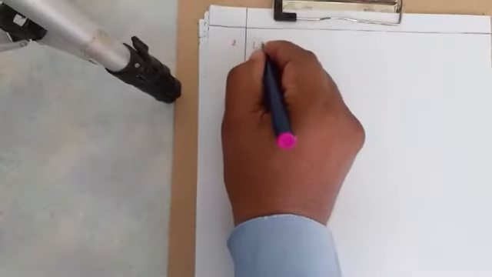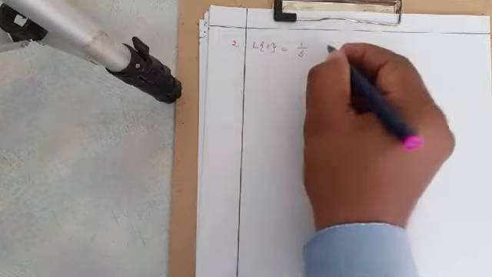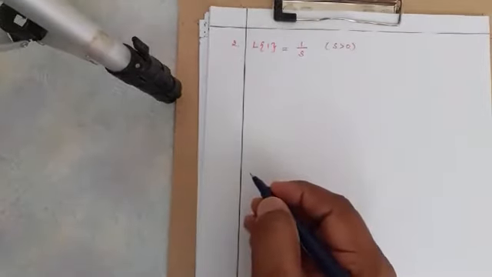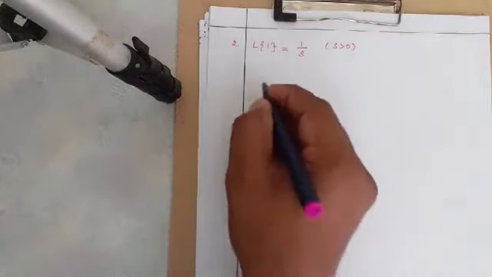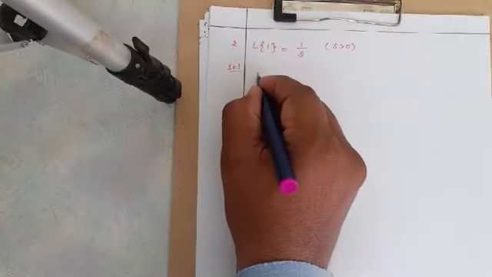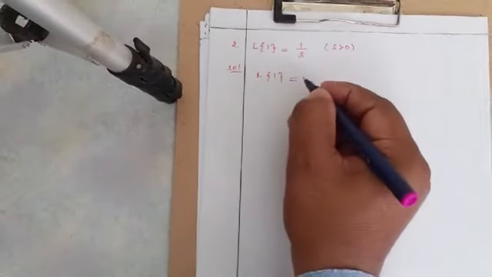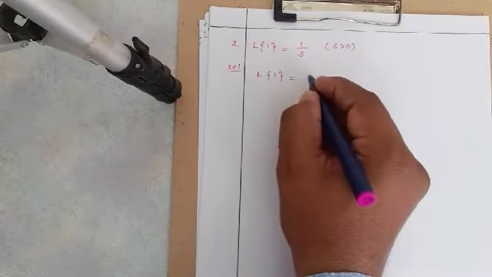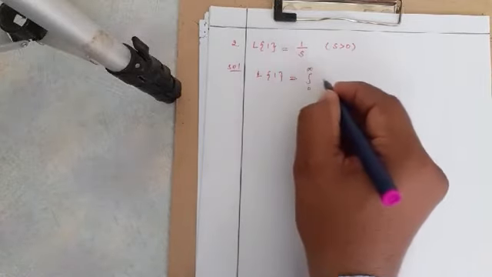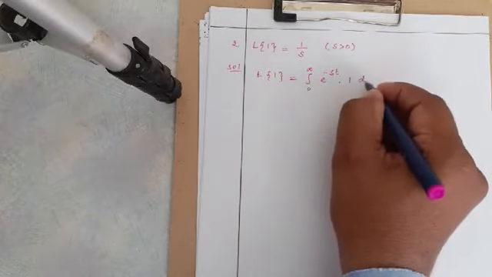Second is Laplace of 1. So Laplace of 1 is equal to 1 by s, s greater than 0. In the same way as what we have done just now, we do the same. So here we take Laplace of 1 is equal to, the definition is nothing but integral 0 to infinity e power minus st into 1 dt.